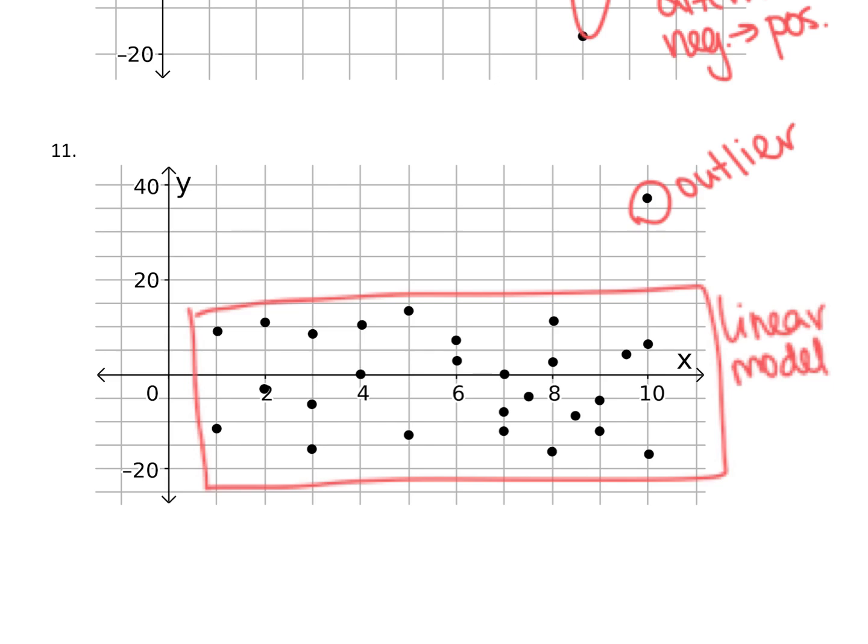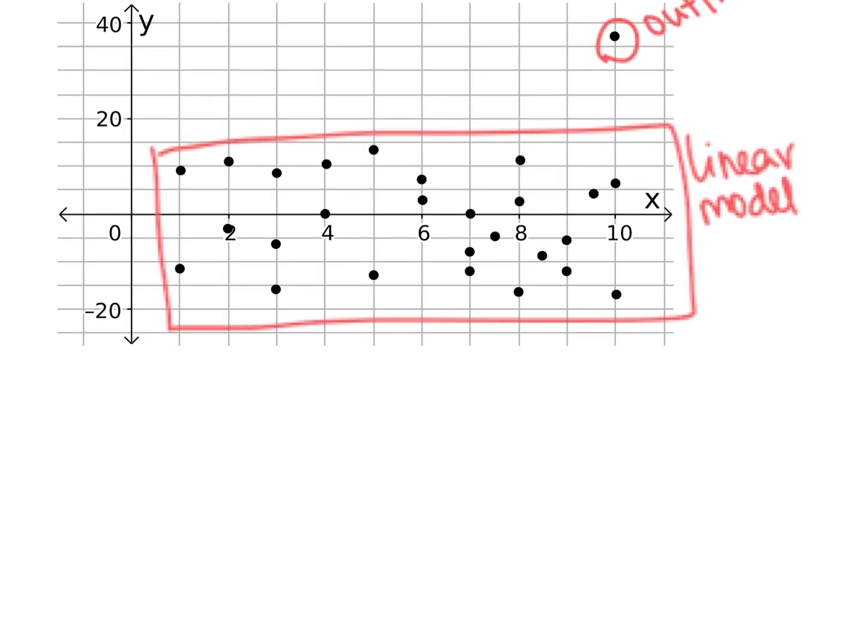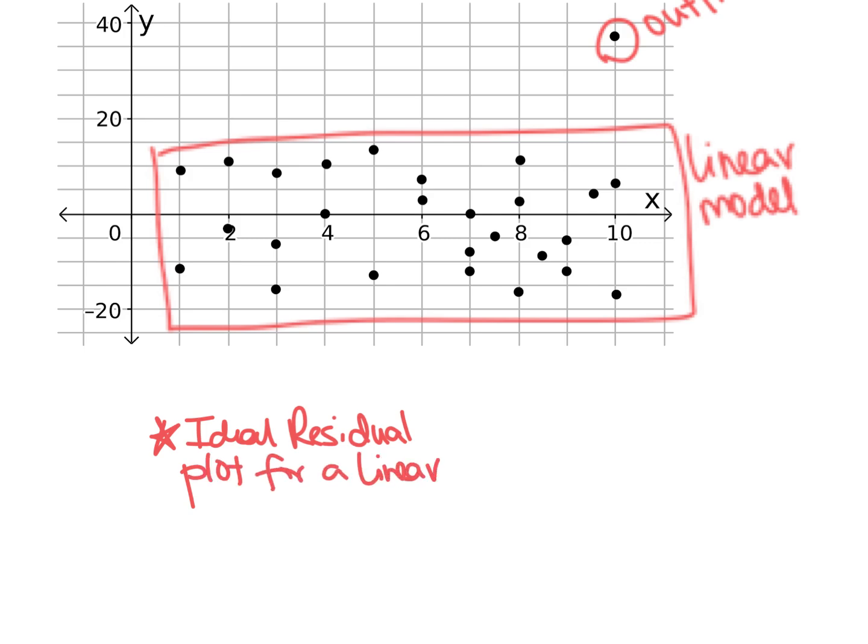Okay, so here's a comment about when to decide whether a linear model is good. So I'm going to put that over here. An ideal residual plot for a linear model looks like this.